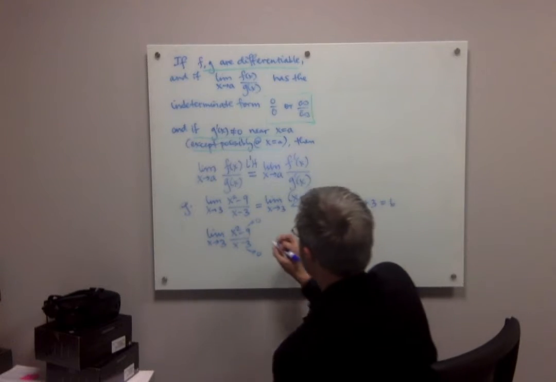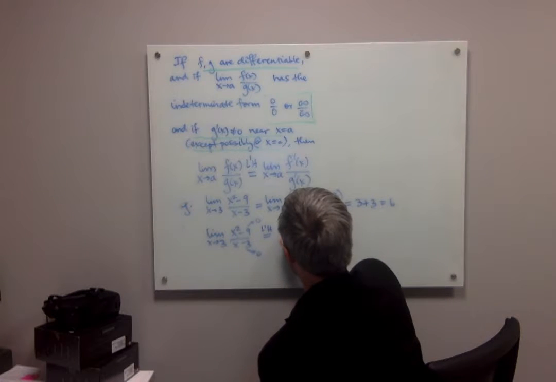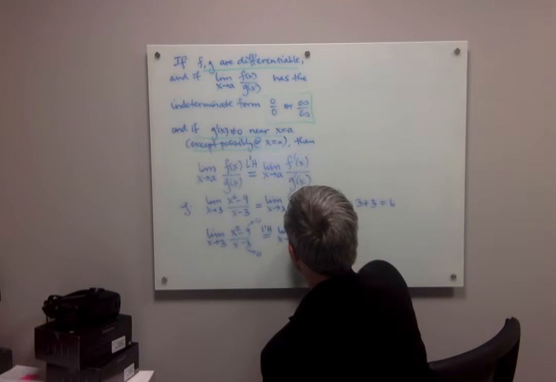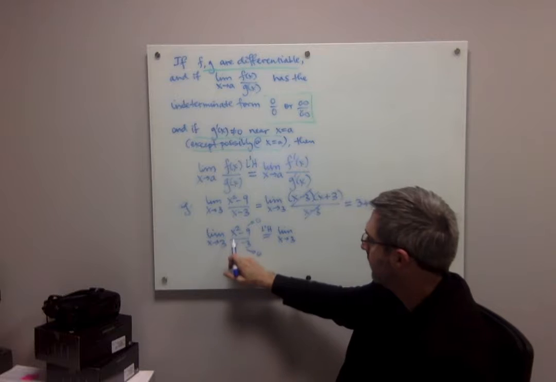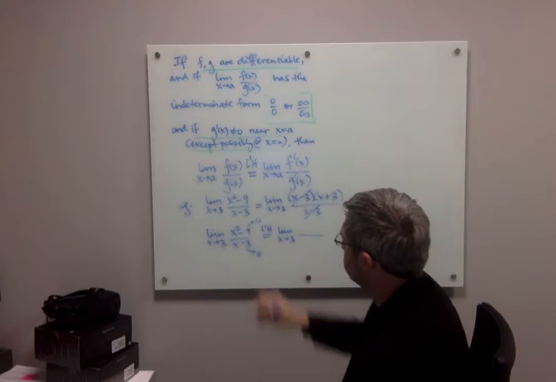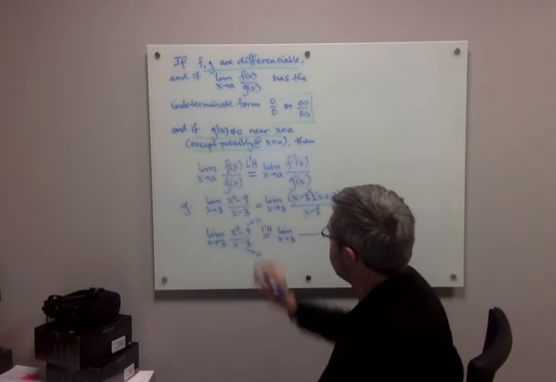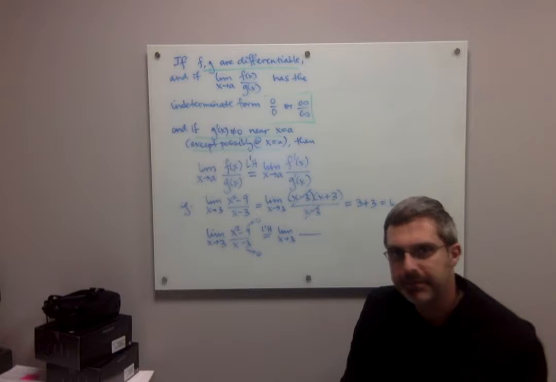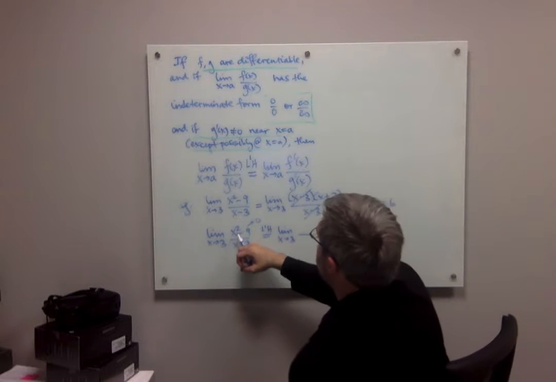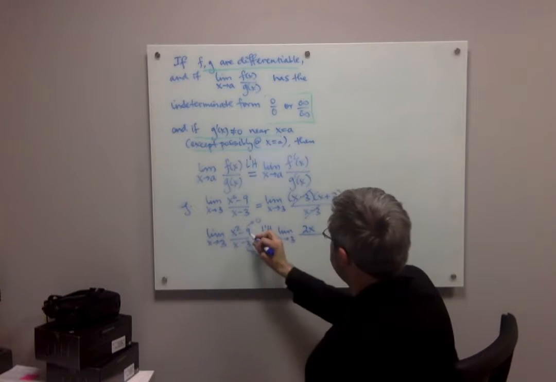Okay. So what I'm going to do is I'm going to write a little L'H because I'm about to use L'Hopital's rule. And what L'Hopital's rule says is, instead of taking the limit of f over g, what I'm going to do is take the derivative of the top. So let's take the derivative of the top. The derivative of the top is 2x minus the derivative of 9 is 0.